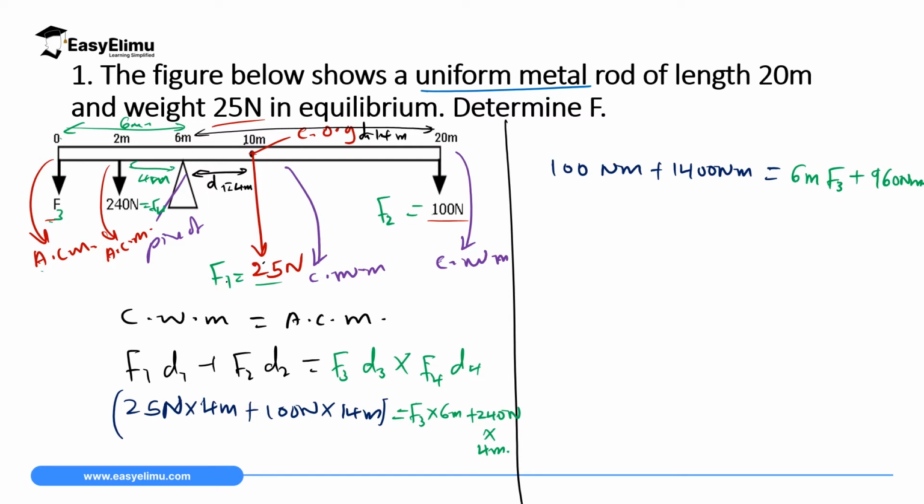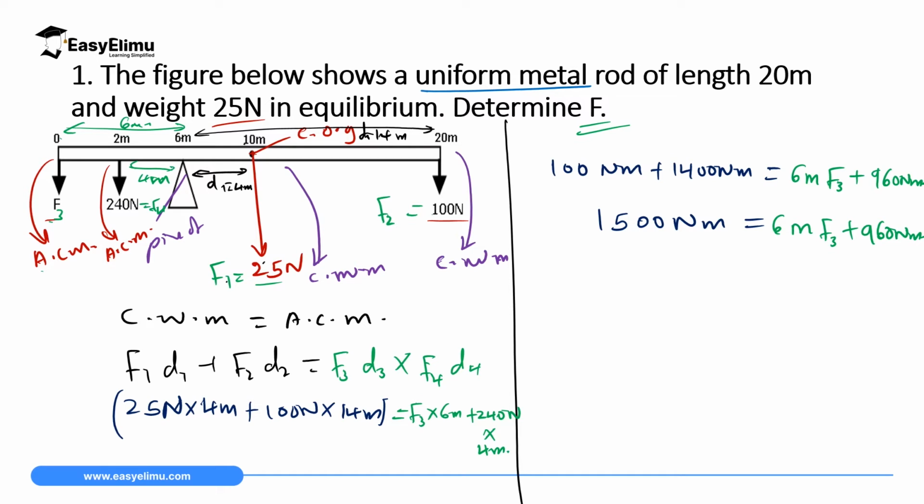For us to get F3, which is the same as the F that we are looking for, we add the total clockwise moment, which will be 1400 plus 100, which is 1500 Newton meter, equal to 6 meter F3 plus 960 Newton meter.